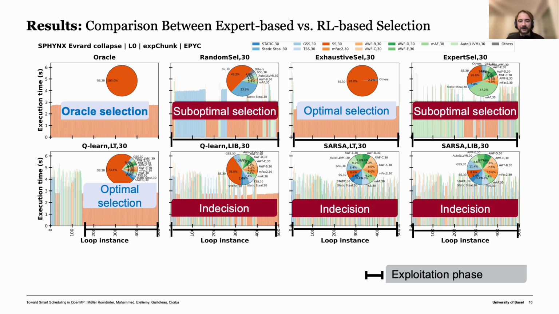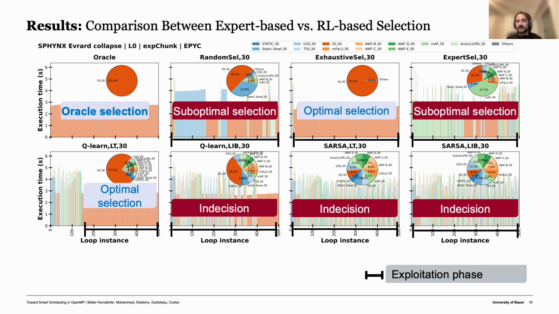So here we have some highlights. Well, many of them come together, but basically, first of all, what we can see is, for instance, for random selection, as expected, the selection was not very optimal. For exhaustive selection, we can see that it went through in the beginning all the techniques, and then it selected the one that it should select, the highest performing one.